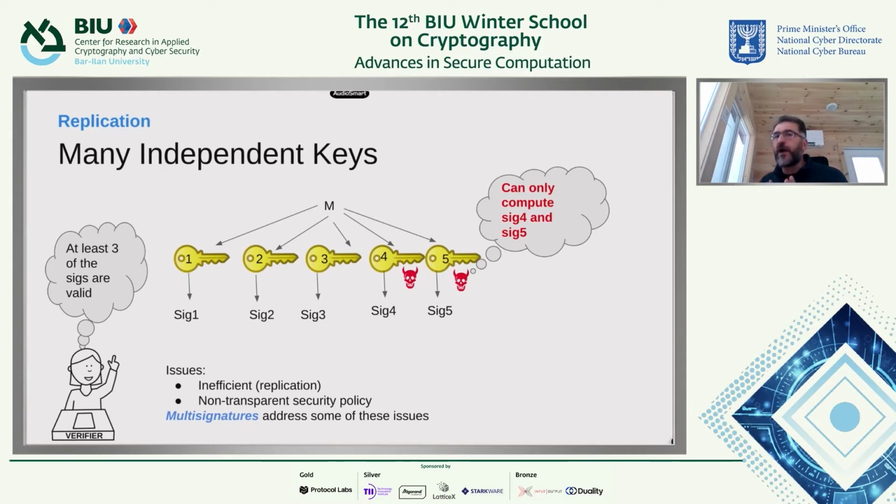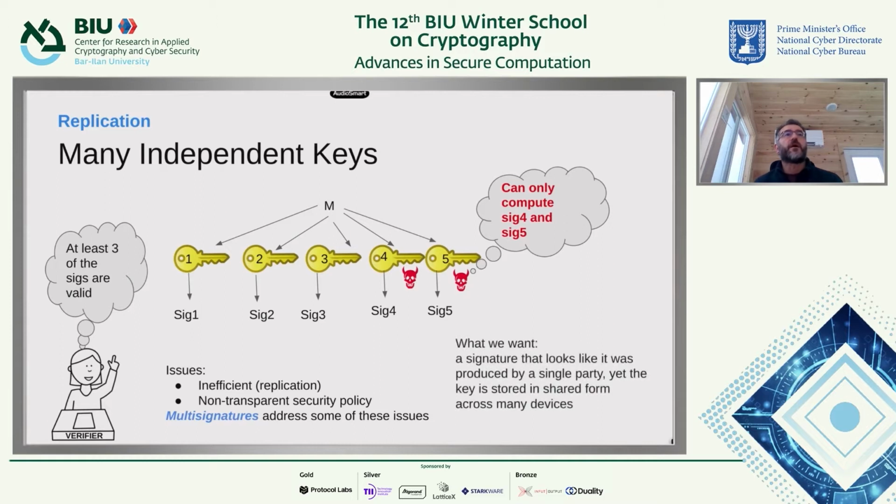I hope towards the end of the lectures, maybe tomorrow, to address this, but I still don't know if I'm going to have enough time to also cover multi-signatures. So this is the basic solution, and this is the reason why we're not going to use it.